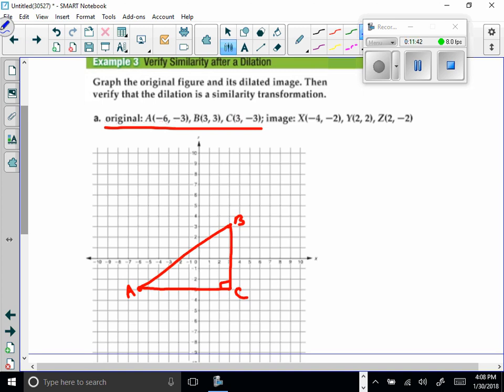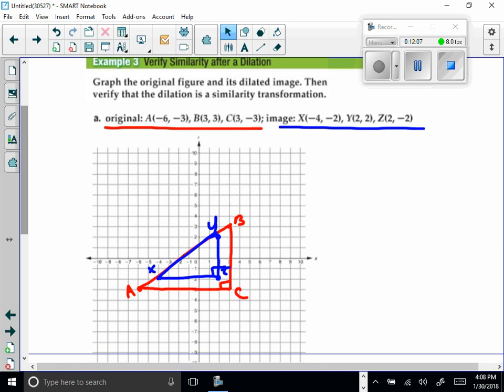And then my image, my new figure is XYZ. X is at -4, -2. Y is at 2, 2. And Z is at 2, -2. And you can see that that's also a right triangle, and there should be some overlap there.